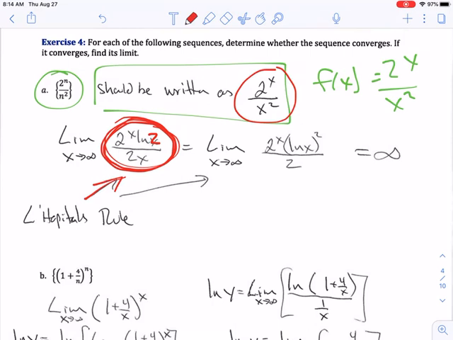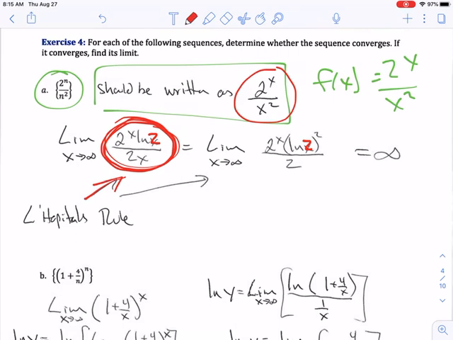It's kind of a little hard to tell sometimes. But it'd be easier if you simply took the derivative again. Remember, you can apply L'Hopital's rule multiple times. So the derivative of 2 to the x log of 2 is 2 to the x log of 2 squared, and the derivative of 2x in the denominator is just 2.